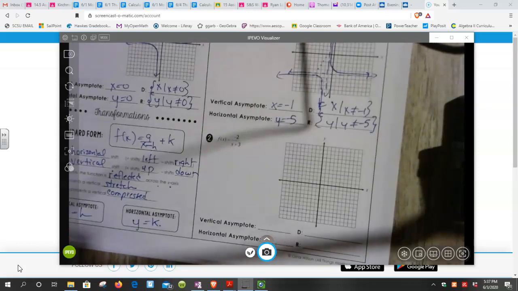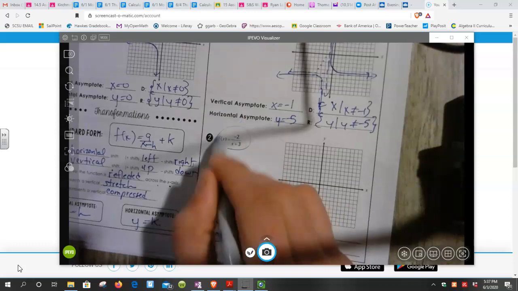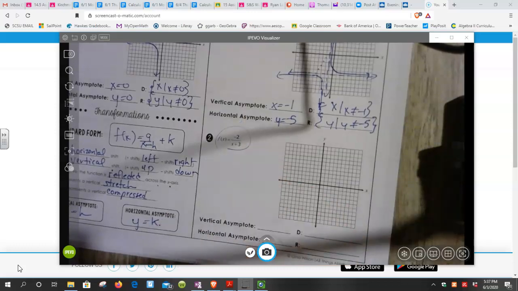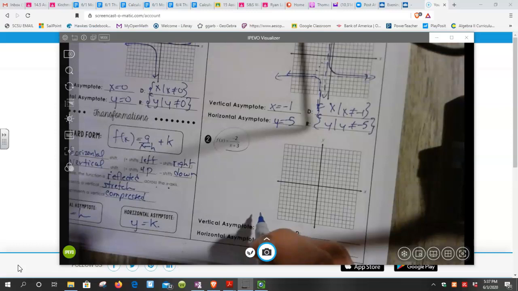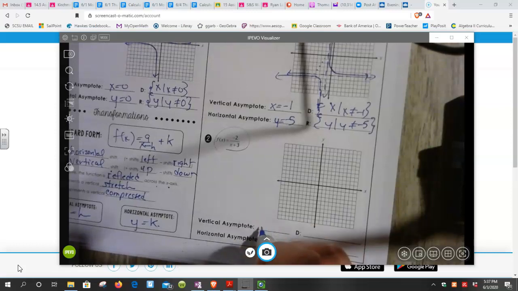So for instance, in example number 2 here, we know we're going to go left 3, we're going to stretch it, and we're going to reflect it over the x-axis. So what do we know? The horizontal asymptote is y equals k, and the vertical asymptote is x equals h.